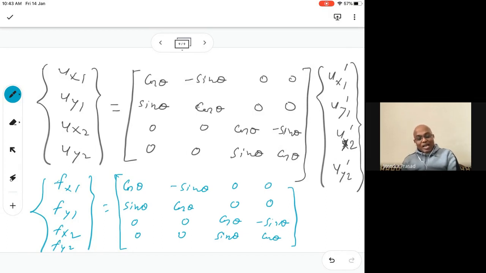The same way as we did for displacement, you can do for the force as well. There is no difference, this is as for any vector if you rotate. And then you have here fx1 dash, fy1 dash, fx2 dash, fy2 dash.